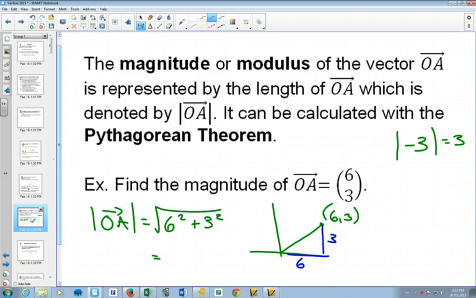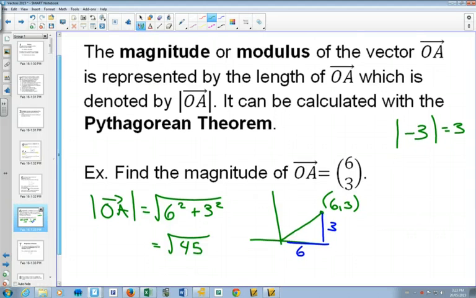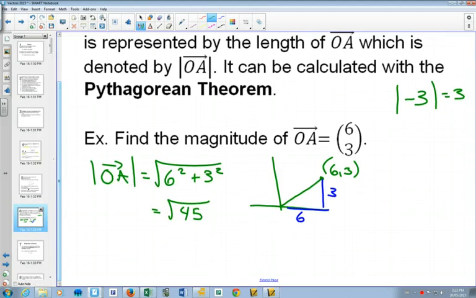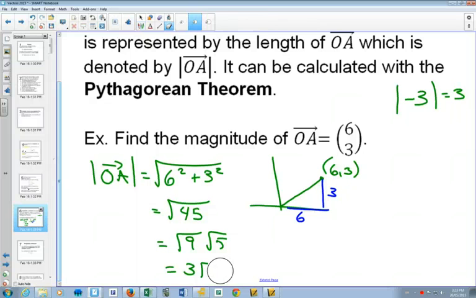So we would get 36 plus 9, square root of 45. Can we simplify square root of 45? There's a 9 in it, so it's 3 root 5. Yes? You wouldn't have to simplify it unless it asked for it to be in simplest form.